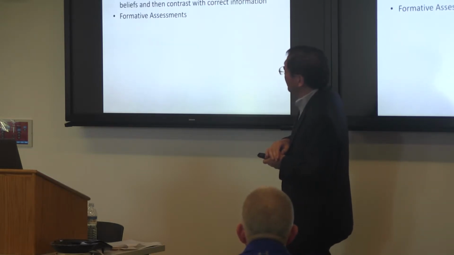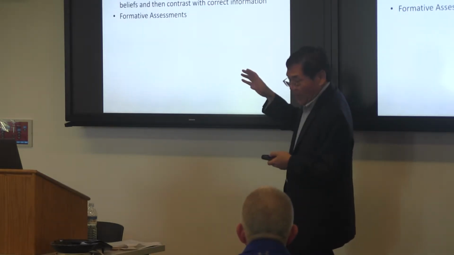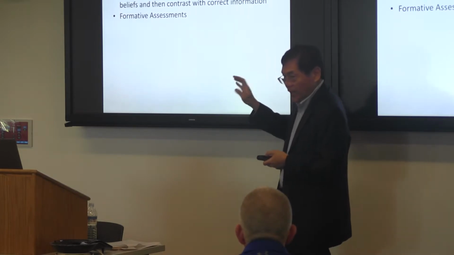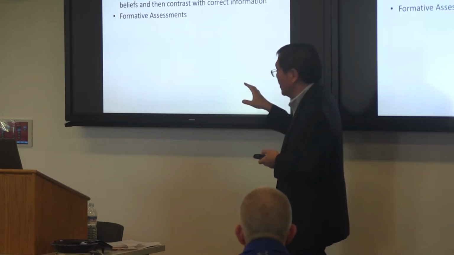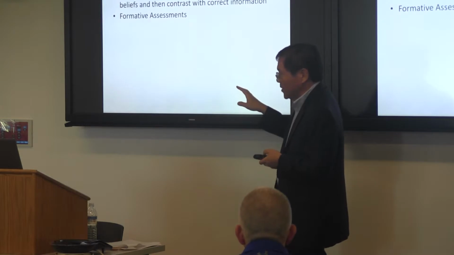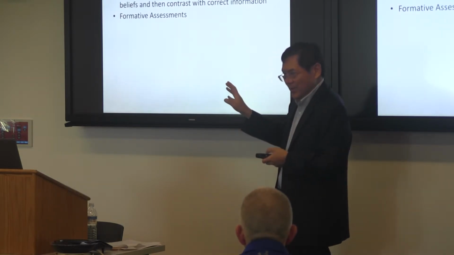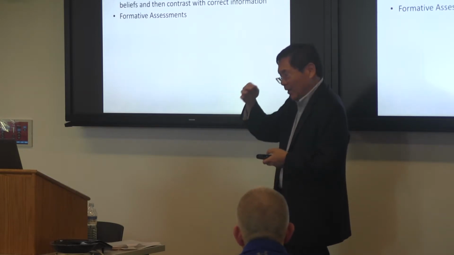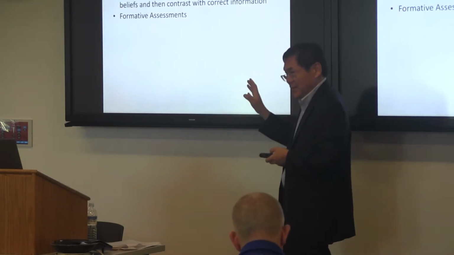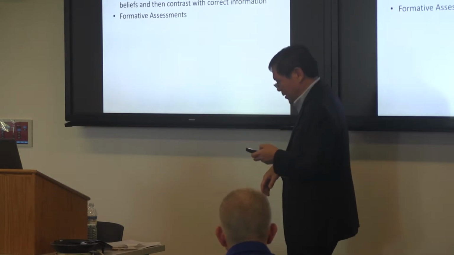Or you can use formative assessments, okay? And I think the evidence is pretty good that you can actually overcome misconceptions with formative assessments. And by overcome, I mean you can convince maybe 60% of the class that they're thinking incorrectly. Like I say, it's a depressing literature about misconception.